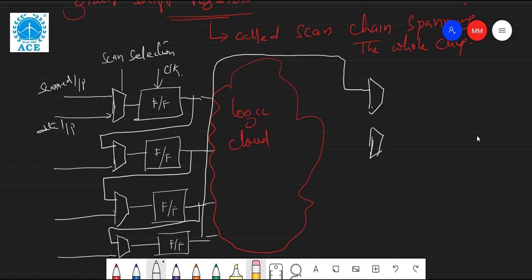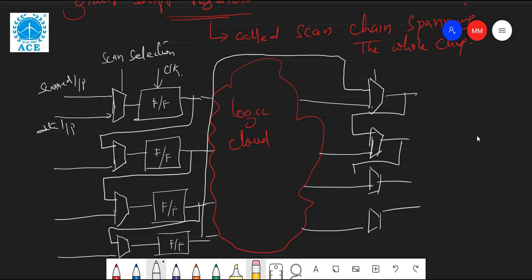This is a mux, again with select lines, and the inputs are connected like this.